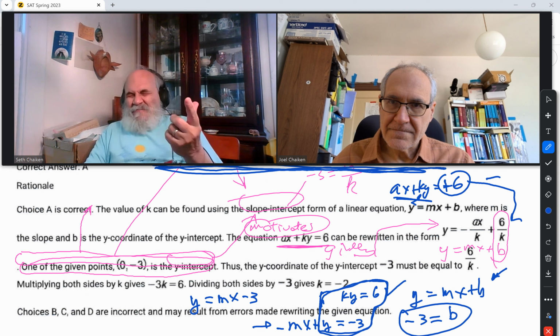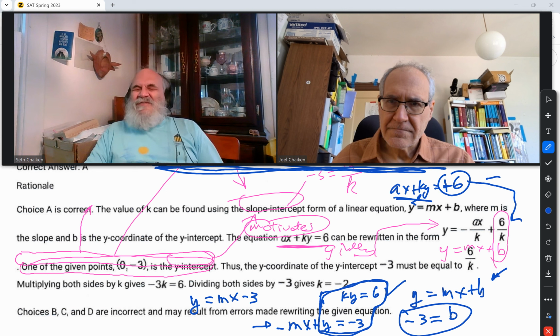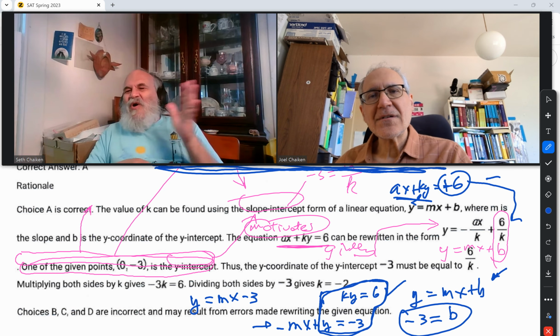Besides the opposite, they give you information about the solutions, geometrically or algebraically, and then you have to figure out what the equation is. Yeah. And figuring out what the equation is the same problem as figuring out the unknown coefficients in some standard form. So that's why it's so popular.